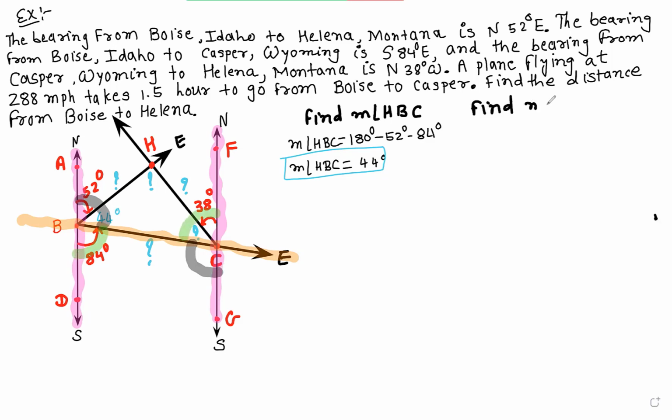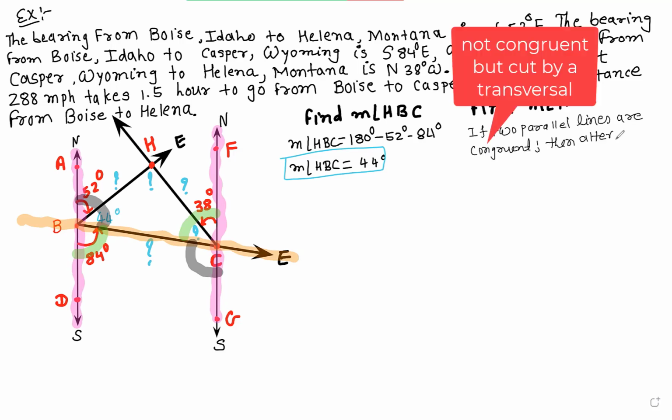To find measure angle HCB, we can say that 84 degrees is congruent with this angle. Let's write the statement from our geometry class. If two parallel lines are cut by a transversal, then alternate interior angles are congruent. Measure angle DBC is the same as measure angle FCB, but FCB is the sum of two angles. So we can write FCB as measure angle FCH plus measure angle HCB.